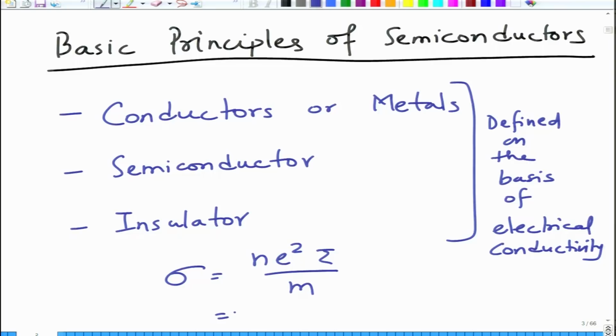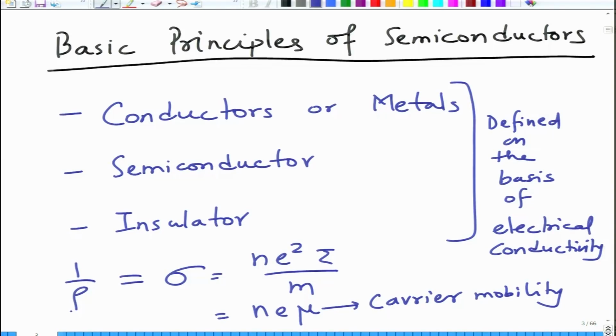You can also write this equation as n e mu, where mu is the carrier mobility. So you can see that mu will be equal to e tau divided by m. So this equation gives you the conductivity, which is the inverse of resistivity rho. So essentially this is electronic conductivity, and based on the value of this conductivity we define a material as a semiconductor or as an insulator or as a metal.